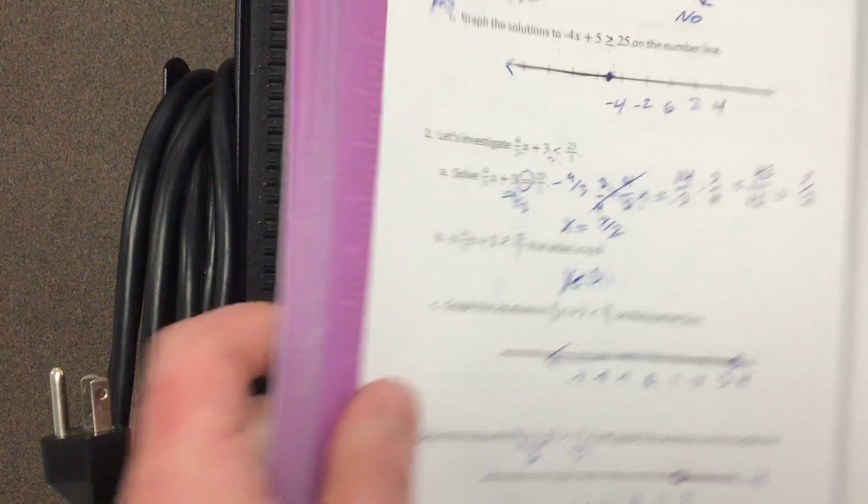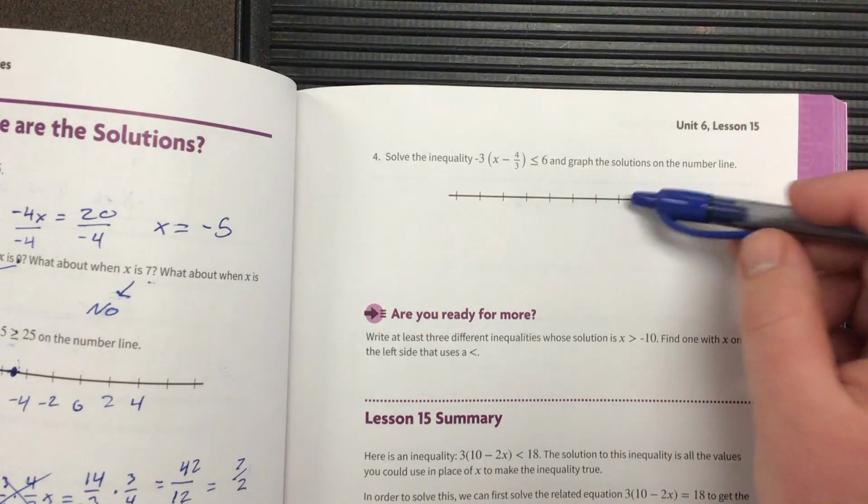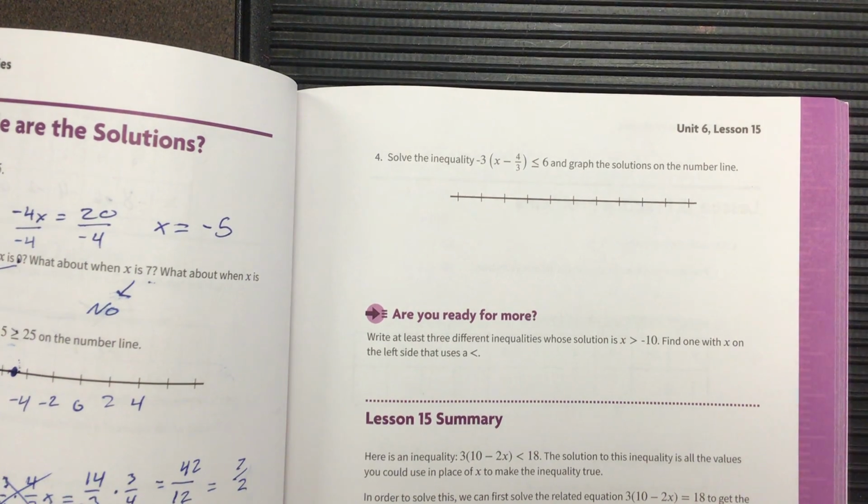All right, so now that we kind of did that one together, why don't you guys try 4 on your own? See if you can come up with that solution and number line.